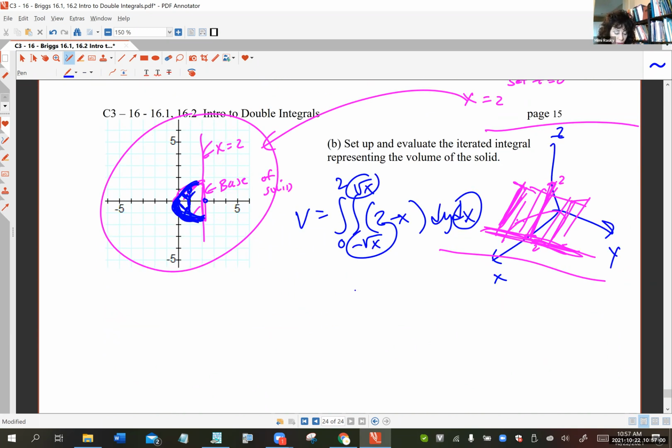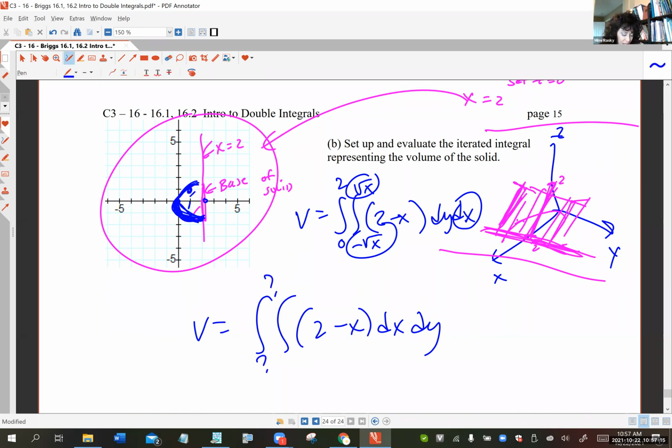The easier way to set this volume up is to choose the horizontally simple choice for order of integration. And then y, now this one is a little bit weird, because what are the limits for y? What's the lowest and highest that y gets? It's not 2.